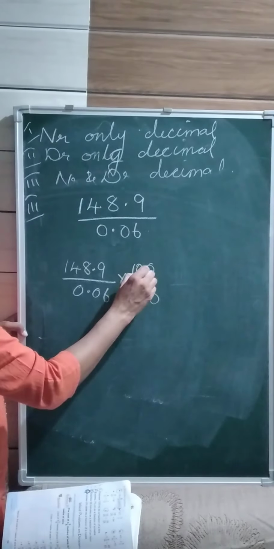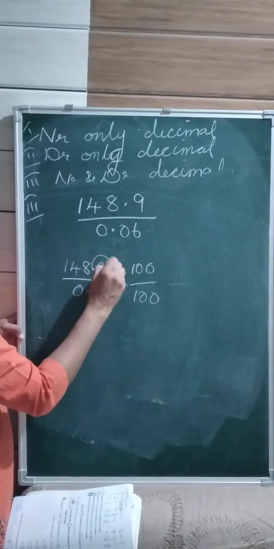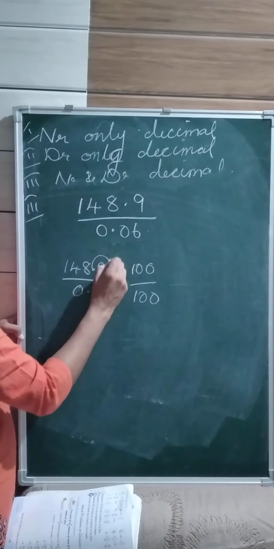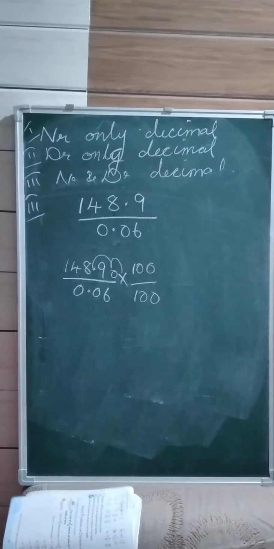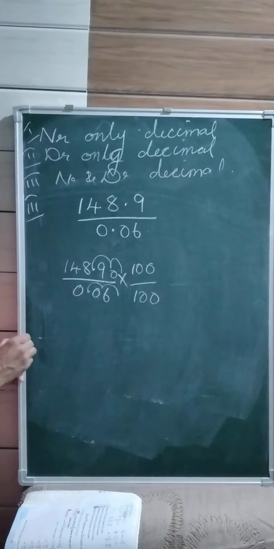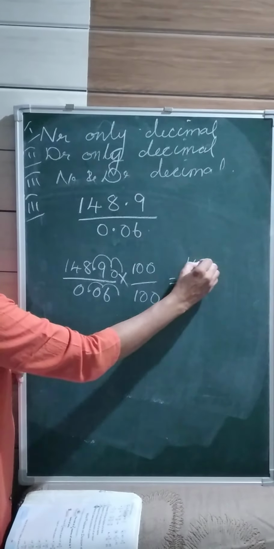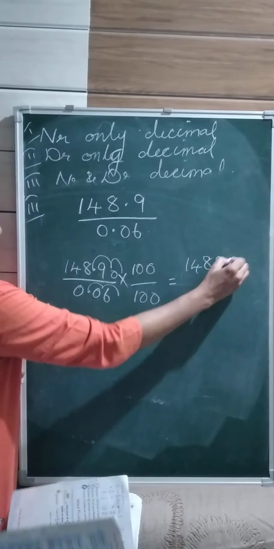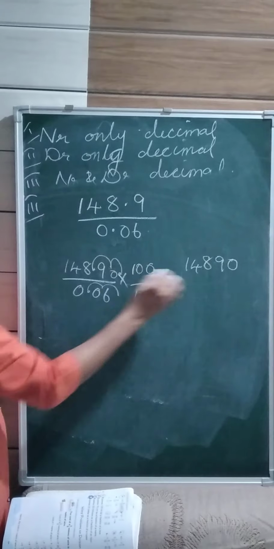Okay, we know how to multiply. For 100, skip the decimal point two places. So the answer will be 14890. After skipping 2 places, the decimal point will be here.